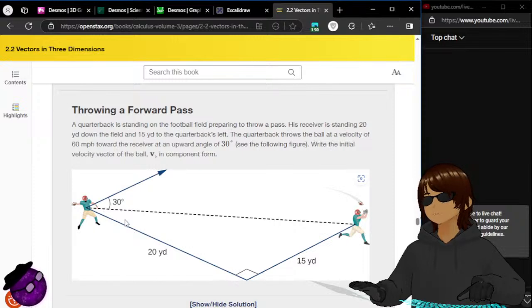I think we are supposed to find this angle. Then we have 60 sine 30 over here. And then we are supposed to find the velocity in this angle and this angle.